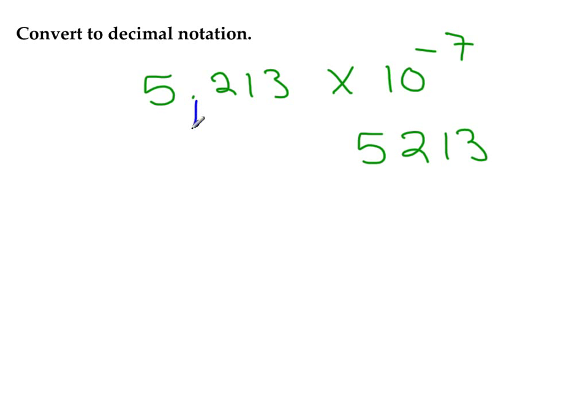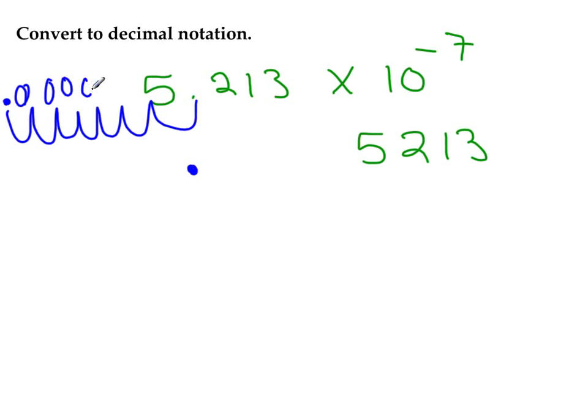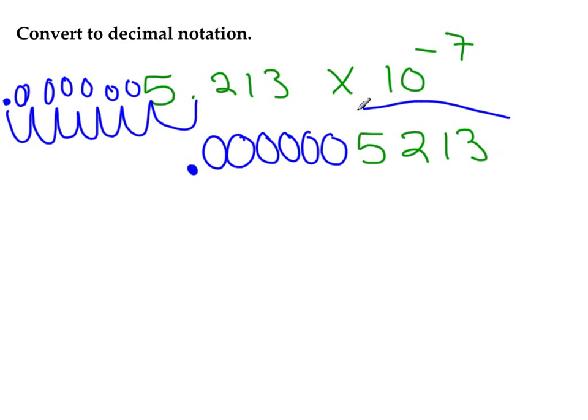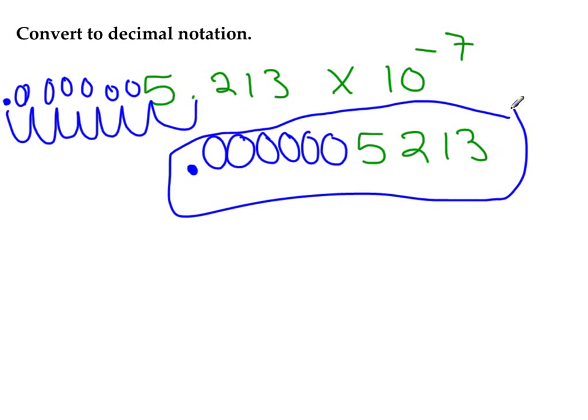We're getting smaller. We move to the left: 1, 2, 3, 4, 5, 6, 7. So essentially we have a decimal point that we need to place, because this is a small number. And we have 1, 2, 3, 4, 5, 6 zeros, and then our significant digits. And that's the decimal notation of our scientific number. And that's all.